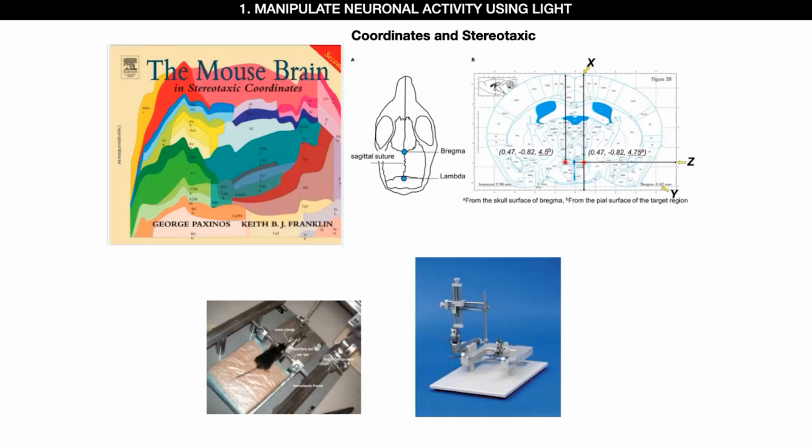And you can inject the virus specifically in the area of interest, and then in the same area you will also place an optic fiber to target the area in which the cells, by viral injection, will express your opsin and can now be controlled with light.